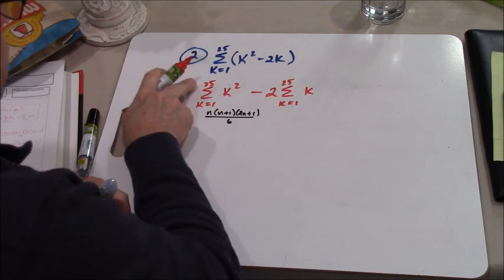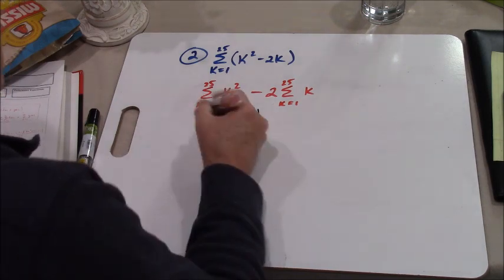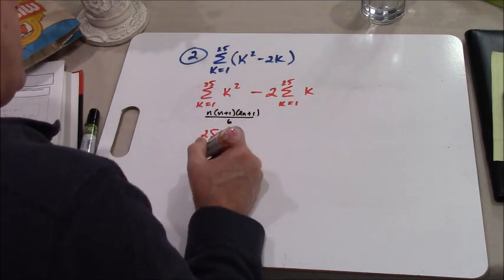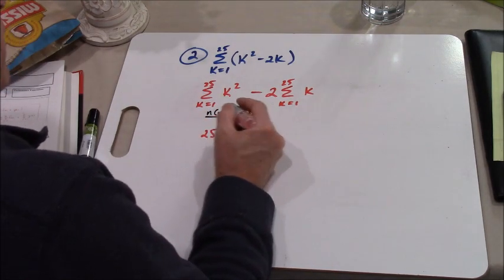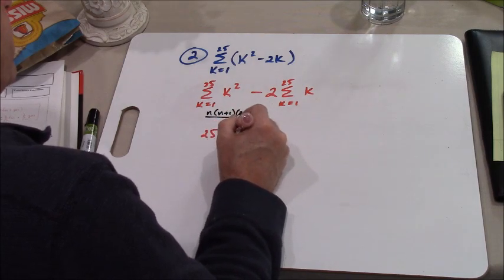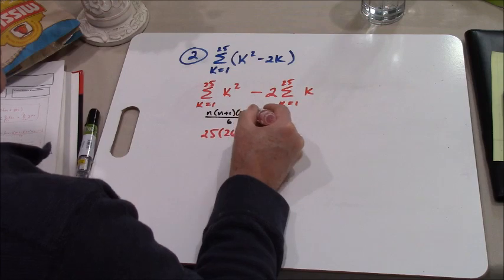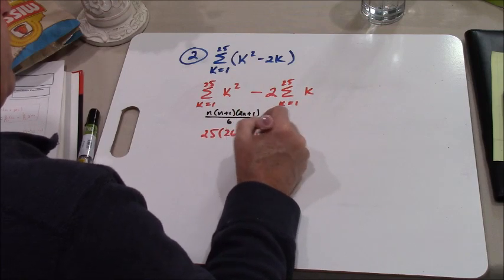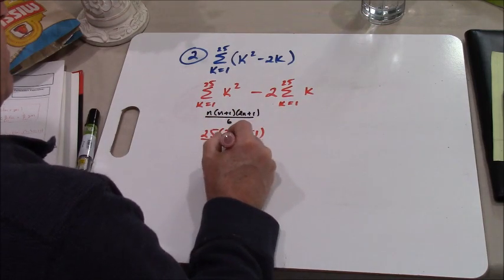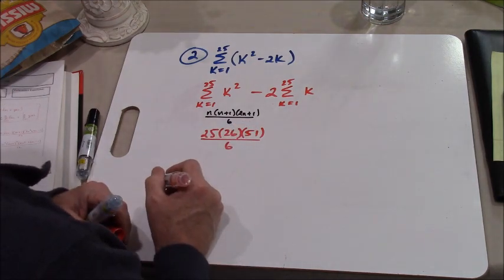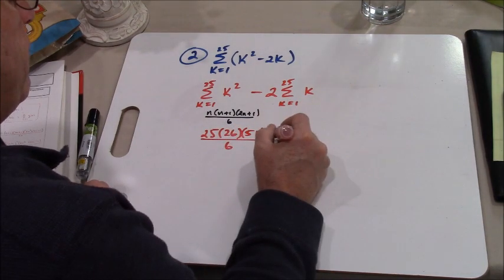So the n value is 25. So I've got 25. Here I've got 25 plus 1, so that's 26. Here I've got 2 times 25, which is 50, plus 1. That'll be 51, divided by 6. We'll figure out what that is in the calculator in a minute.